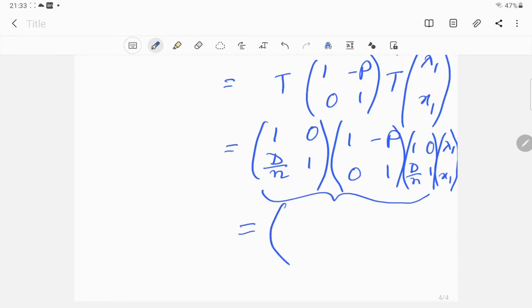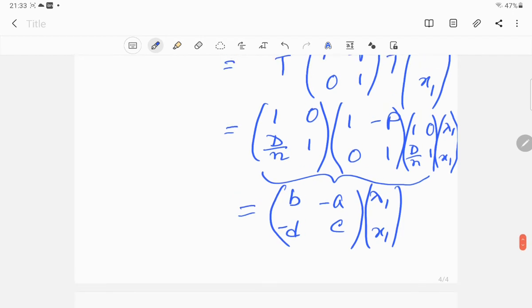We will simplify it and represent it as a single matrix acting on lambda 1 x1, and we just give it the notation A B C D. Ultimately we have lambda 2 x2.